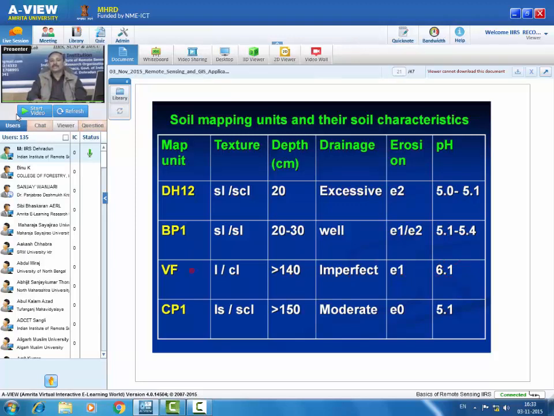So you can say the valley fills have these characteristics, based on the soil profile. Similarly, for all map units we make the soil characteristics table, and this table you can link with your soil map.